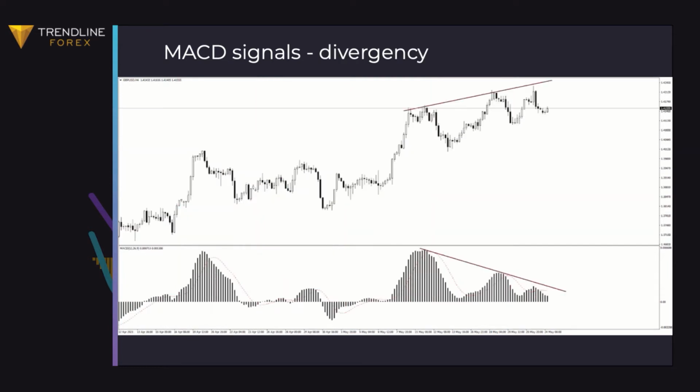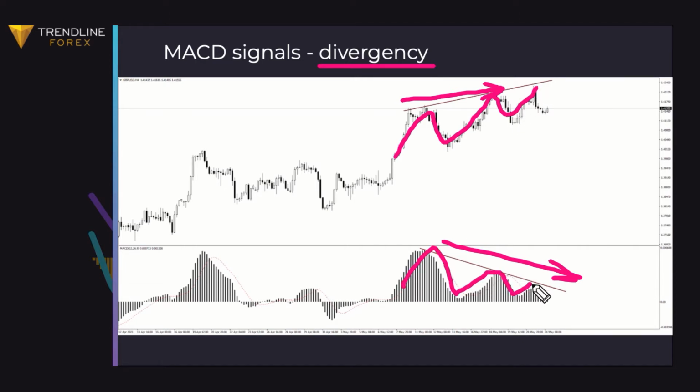And the third type of signal that MACD gives us is the divergence. This is a very common one for all oscillators, and it basically is when you see the price of this instrument going in the opposite direction of what the indicator shows you. As you can see here, price creating higher highs, but at the same time lower highs on the indicator.